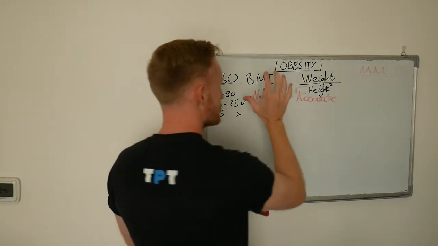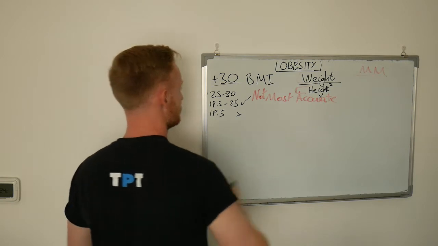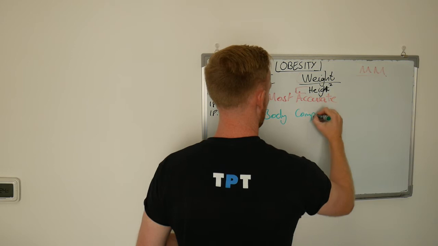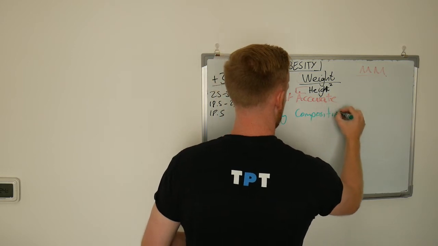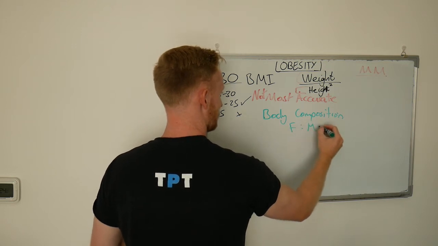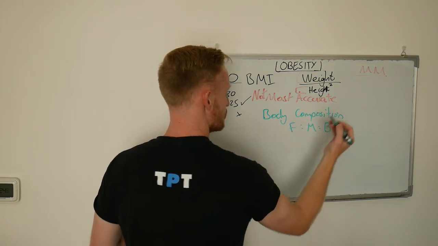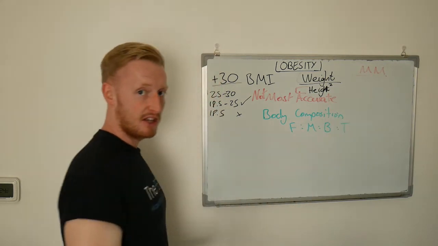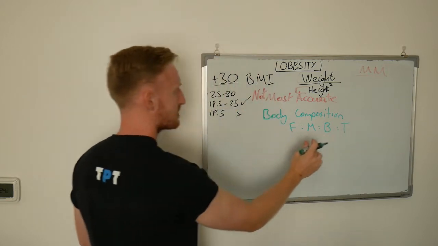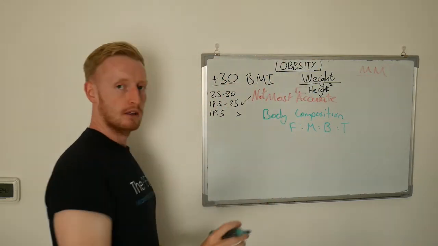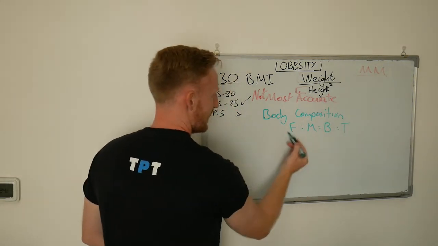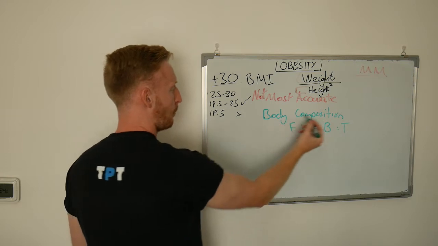So a big thing which comes into obesity as well is a person's body composition. Body composition being the ratio of fat to muscle to bone to everything else, so other tissue. Now what you need to know this as is fat mass and fat-free mass. But BMI, body mass indexing, doesn't take into account the difference in the mass makeup, in the body composition.